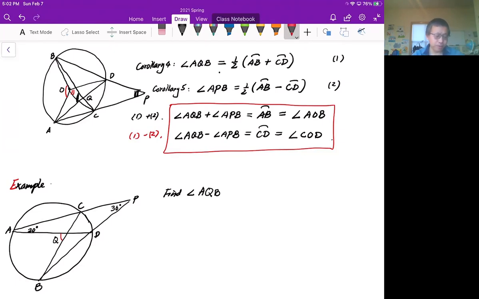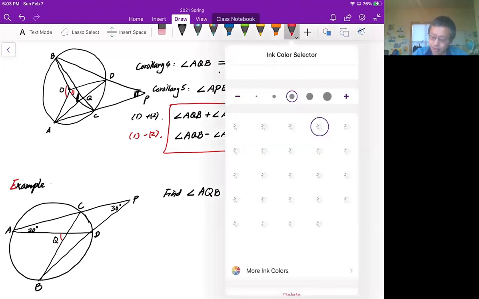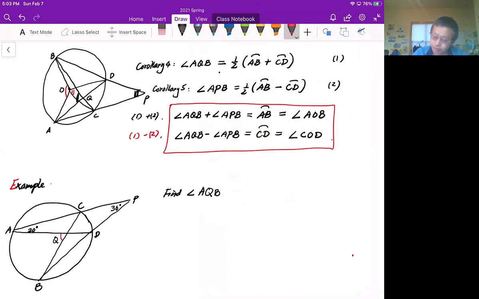There are many different ways to do it. I can give you two of them. The first way you can do is to use this, right? You have the inside angle, you have the outside angle here. As I mentioned earlier, you have the sum of them. You can set up an equation. But for this case, you need AB, and I don't have the AB here. But you can see the difference of this.